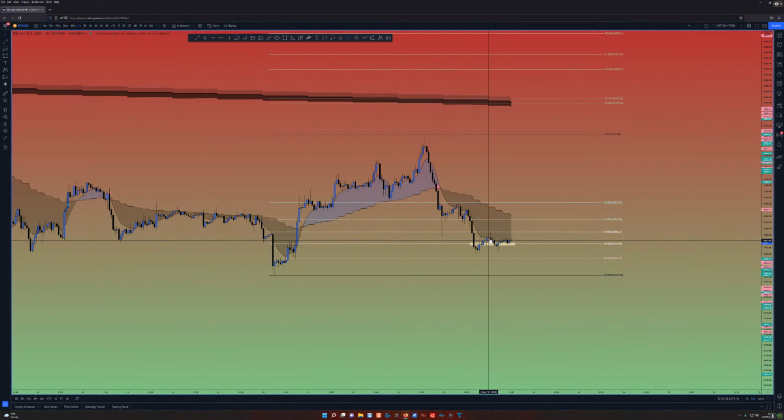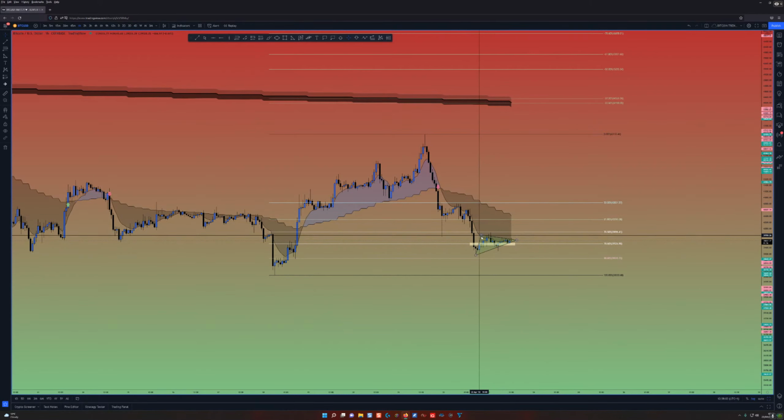So we're at this point now where we're making this triangle shape down on the 78.6 level. The reason we're making this triangle shape is because we're down at these lower boundaries.